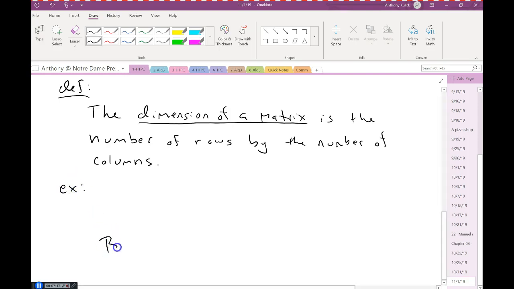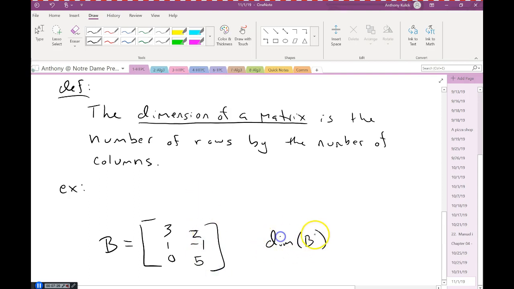So let's say we have this matrix B, and I ask for the dimension of matrix B. The DIM there is the notation we'll use for the dimension. And we'll just put a parenthesis around the matrix that we're finding the dimension of, just like it's an operation.